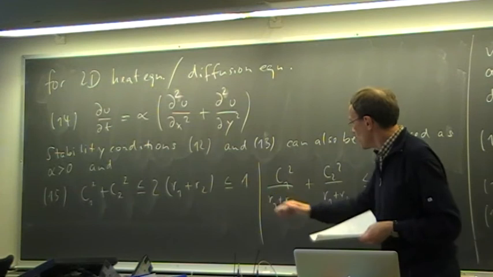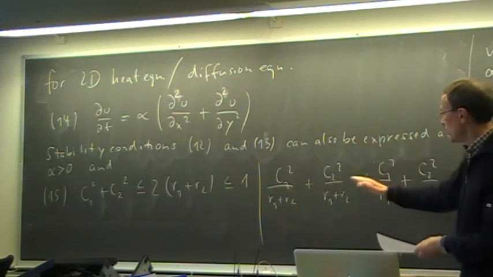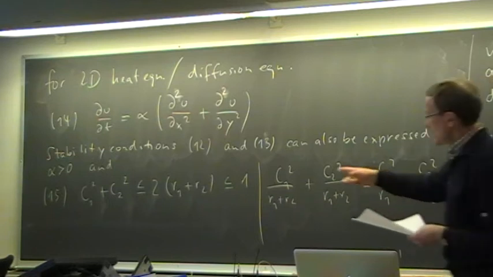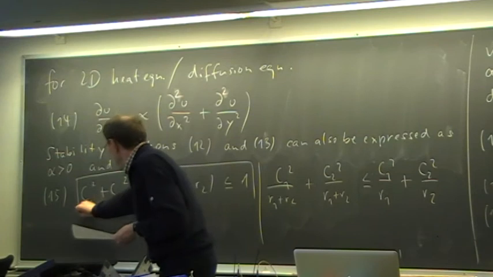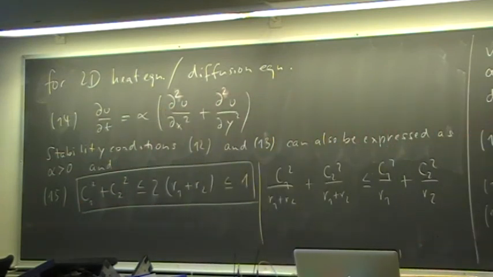Here we have something large, we have something smaller, the denominator, then we can do this estimation, and then things are okay. So this condition is a little bit tougher than the one that we have in 13b. But if it's satisfied, it's okay.